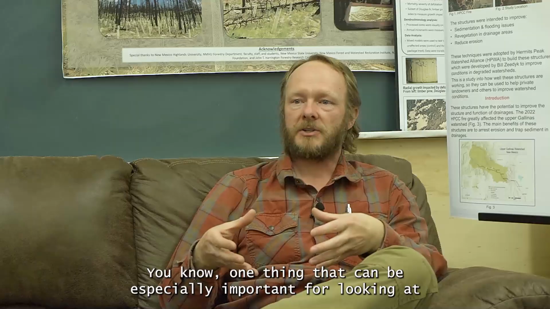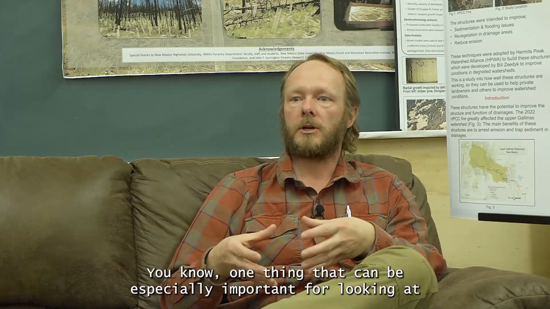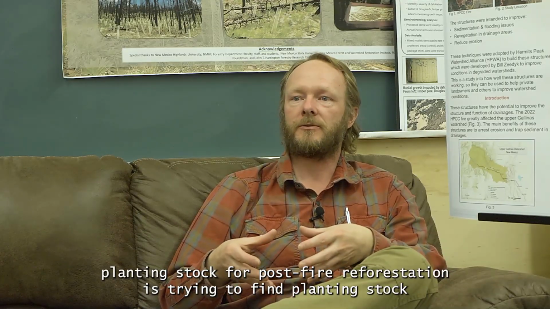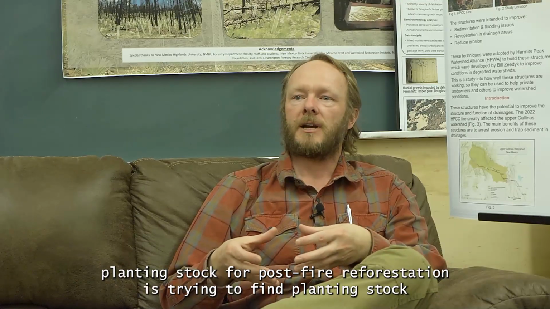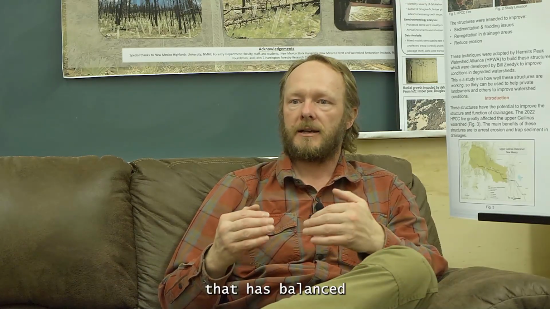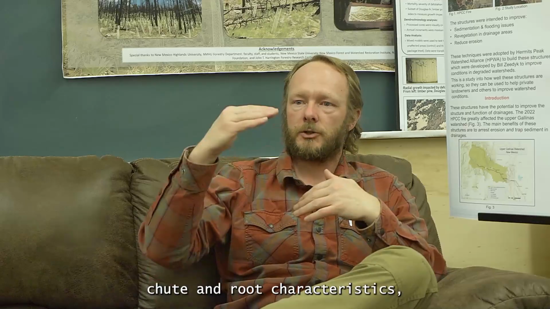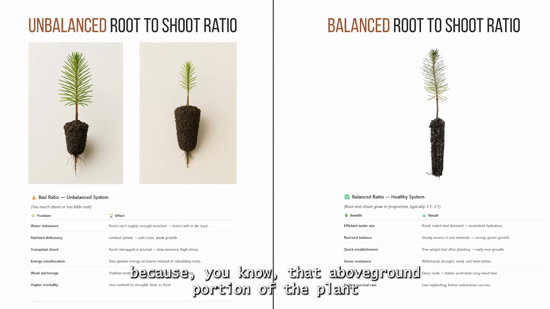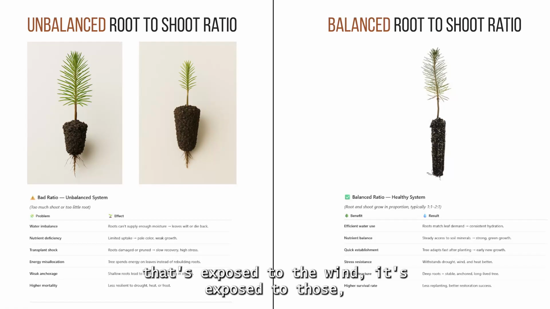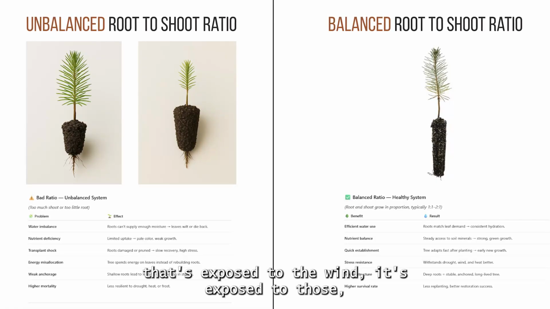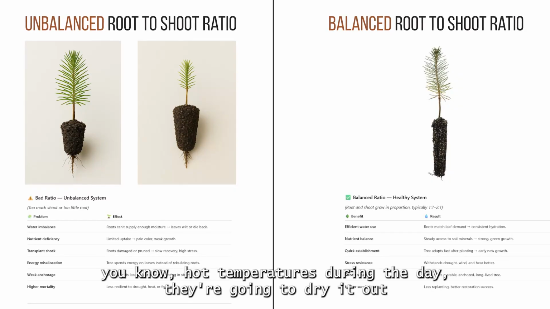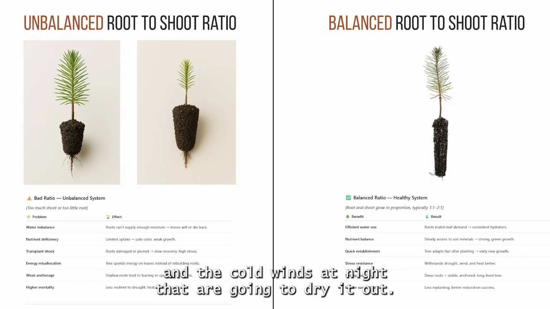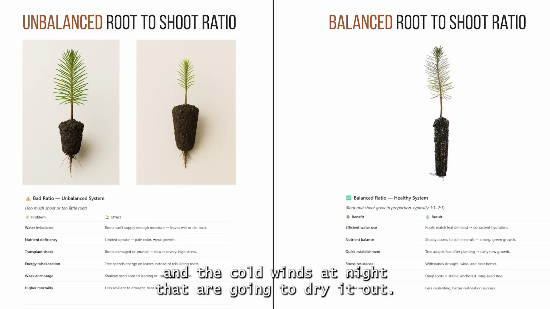One thing that can be especially important for looking at planting stock for post-fire reforestation is trying to find planting stock that has balanced shoot and root characteristics. Because that above ground portion of the plant is exposed to the wind, to hot temperatures during the day that are going to dry it out, and the cold winds at night that are going to dry it out.